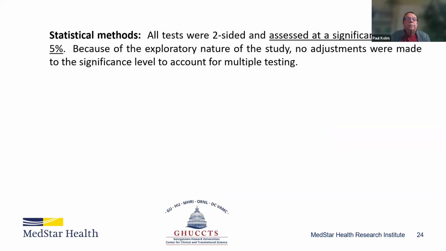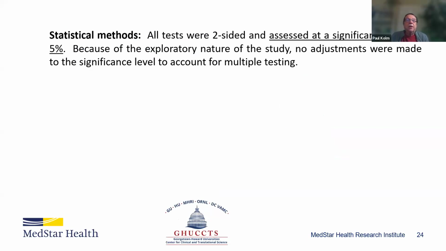So this is from the statistical methods paragraph from that article. And they said that all tests were two-sided and assessed at a significance level of 5%. And then here's, again, their use of the exploratory argument, I guess, because of the exploratory nature of the study.